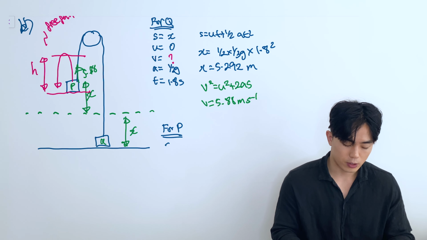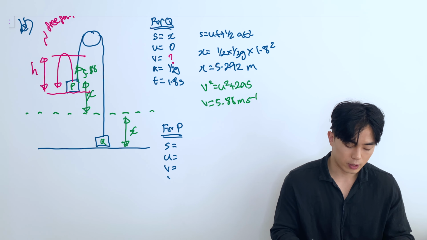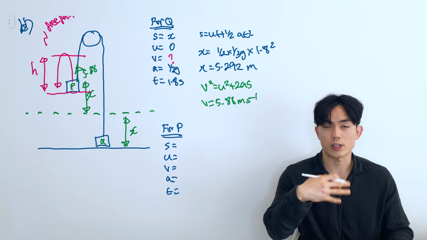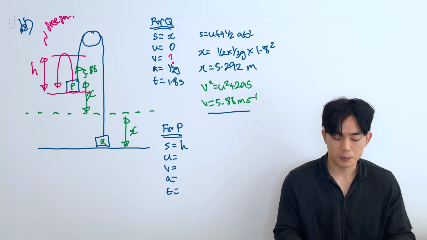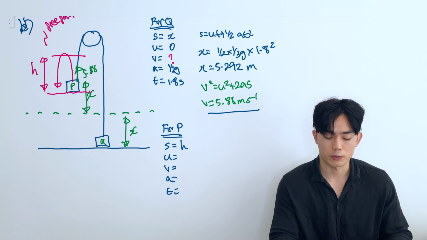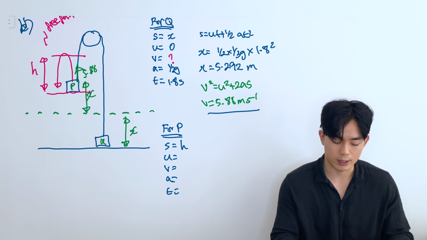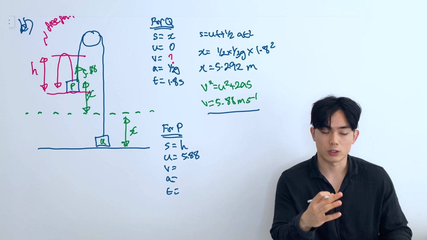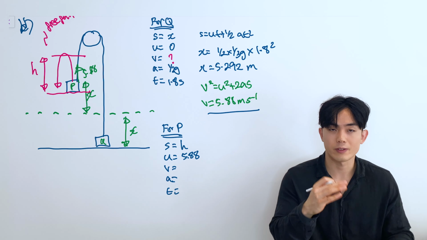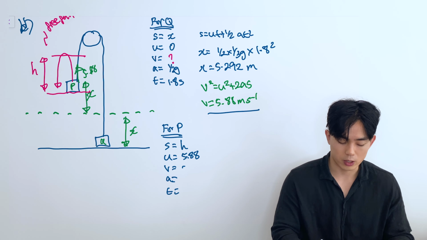Now I'm going to look at the particle P, so for P, once again we're going to be looking at SUVAT. We're trying to find the extra distance it reaches up, so S will be equal to H. U is now actually going to be the V from the previous part we worked out, that's the initial velocity, so 5.88. We know from looking at vertical resolving that at the highest point the final velocity V will be 0.